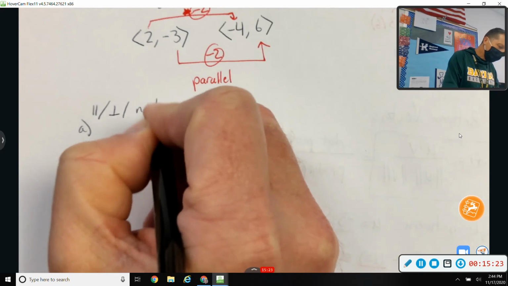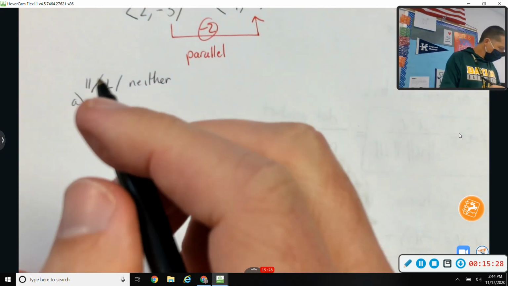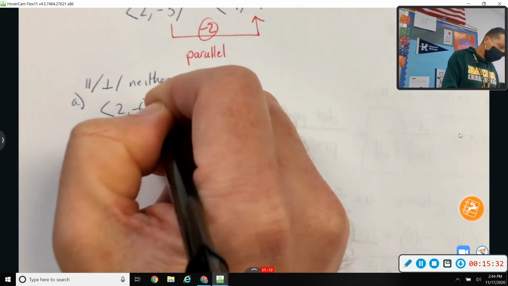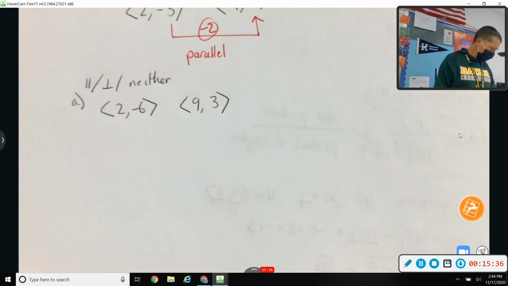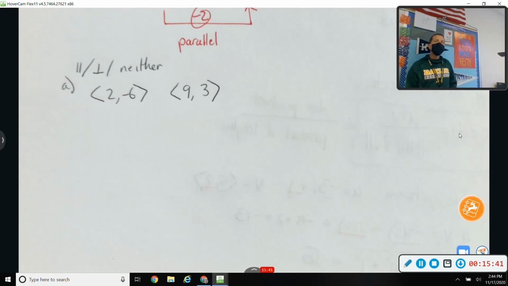So let's do 2 more problems and then we'll be done. Parallel, perpendicular, or neither for 2, -6 and 9, 3. Are they parallel?